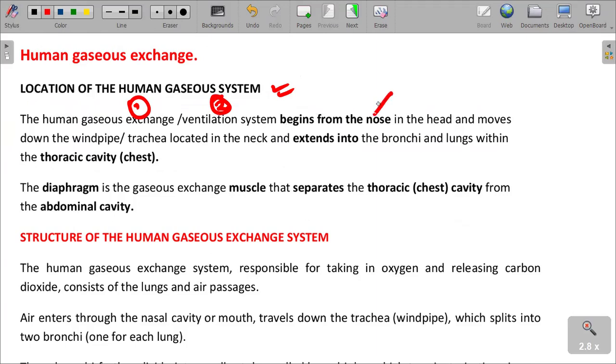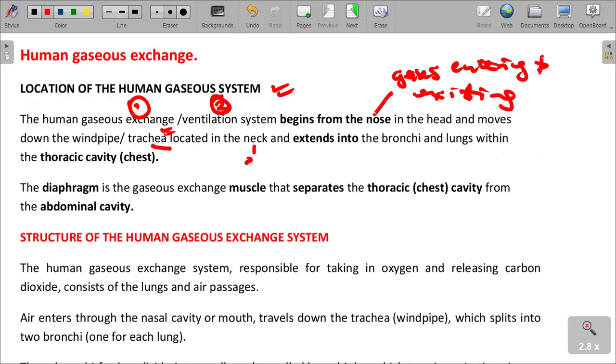It begins in the head and moves down the windpipe, which is the trachea, and is located in the neck. I'm sure we know that the trachea is located in the neck.